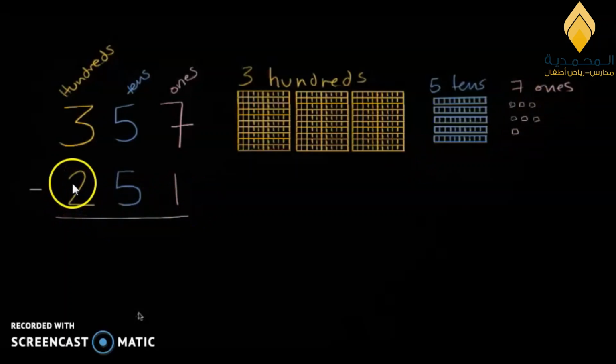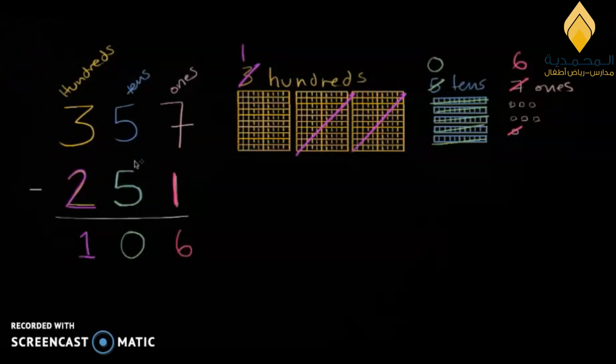We're going to take away 251 from 357. But what's the meaning of subtraction? Look, we're going to take away 1 from 7. At first we have 7 ones.